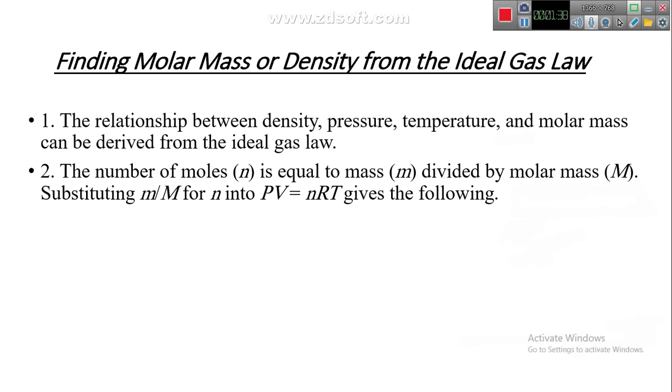An equation showing the relationship between density, pressure, temperature, and molar mass can be derived from the ideal gas law. The number of moles n is equal to mass divided by molar mass.